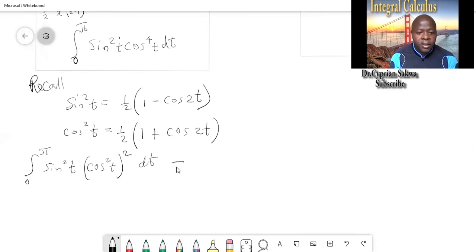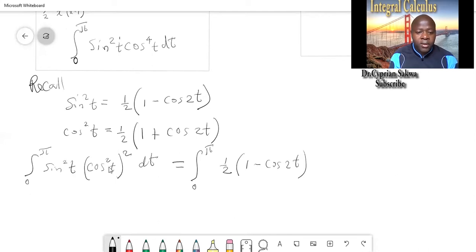This is the same as the integral from 0 to pi, where instead of sine square t, I'm writing a half into (1 minus cos 2t).